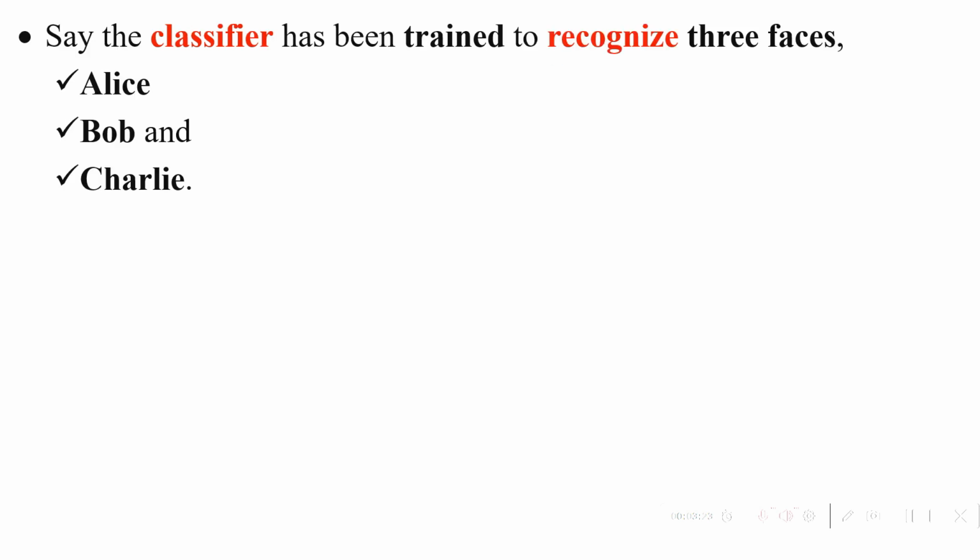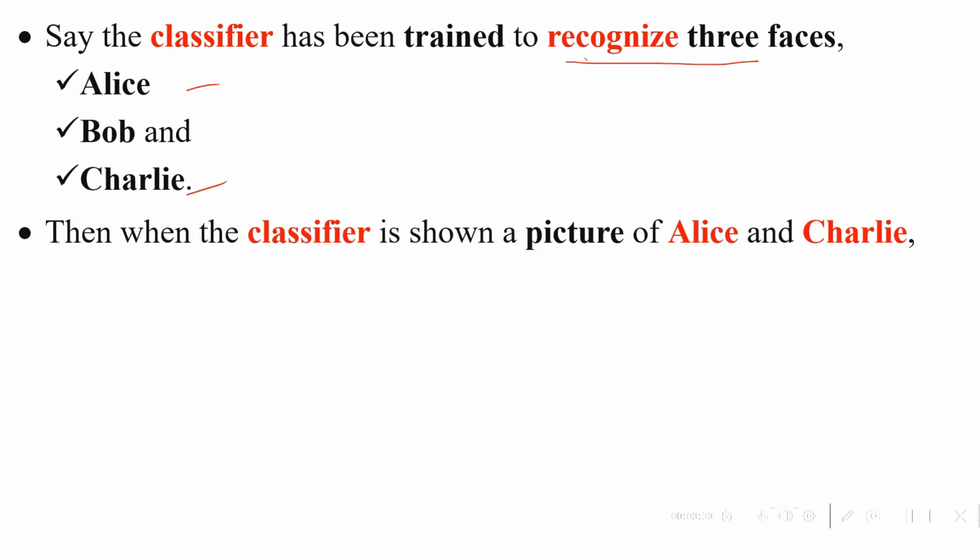So you should attach one tag for each person it recognizes. For example, suppose the classifier has been trained to recognize 3 faces: Alice, Bob and Charlie. Then the classifier is shown a picture.